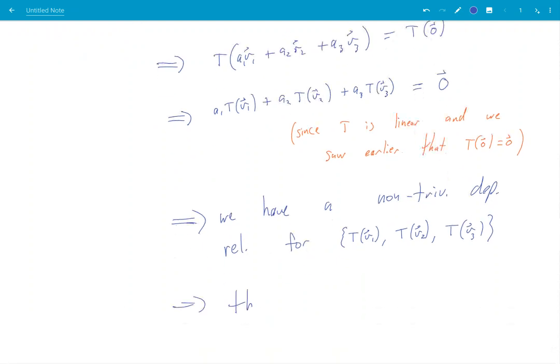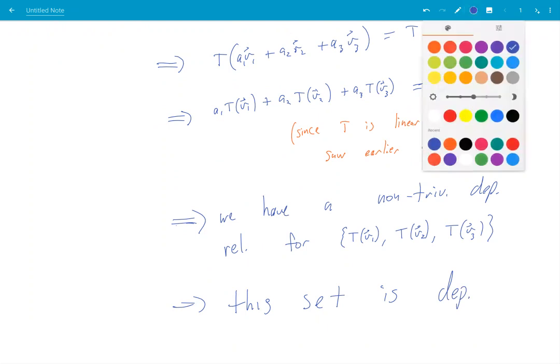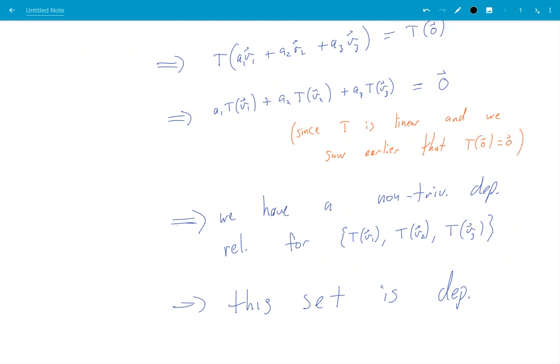Therefore, this set is dependent. There is my demonstration. And when I say this, I mean this. I'm referring to this.